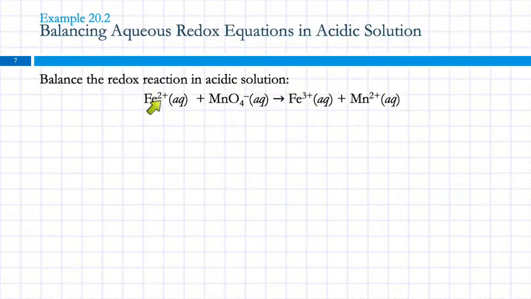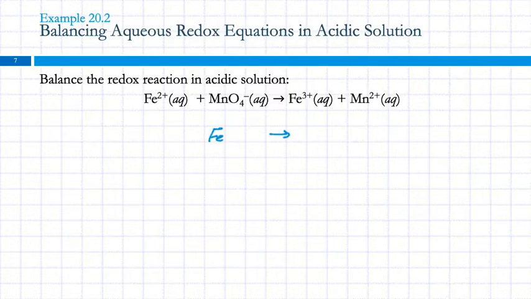So we have iron going from +2 to +3. That's a change, right? And here we have manganese 2+, and we could figure out what the oxidation state is for the manganese here. We can actually balance the thing without doing that. Let's skip it. And we write 2 half reactions. So I've got 2 different reactants this time again.